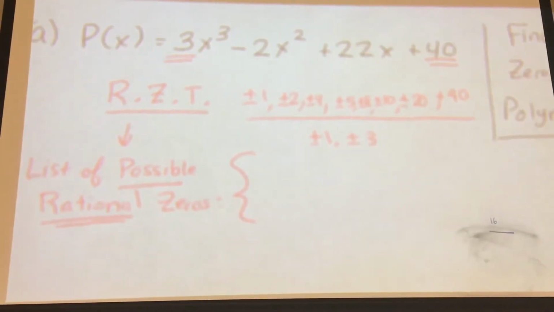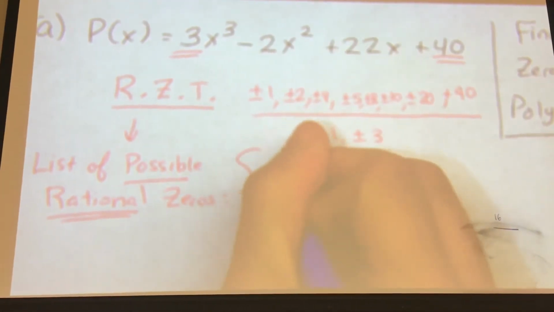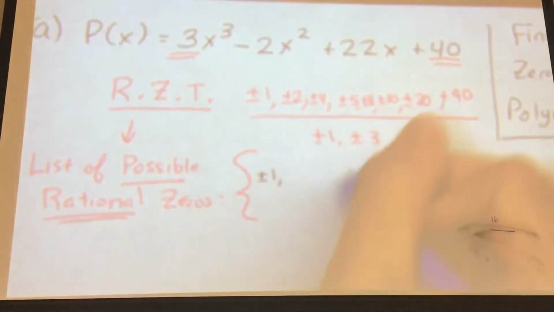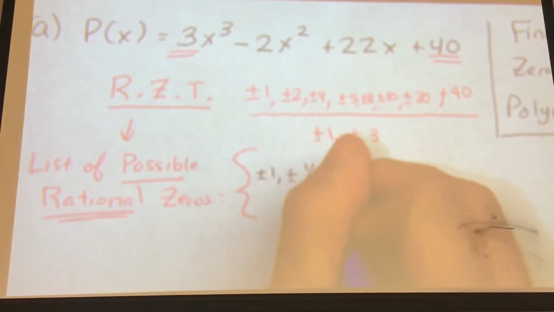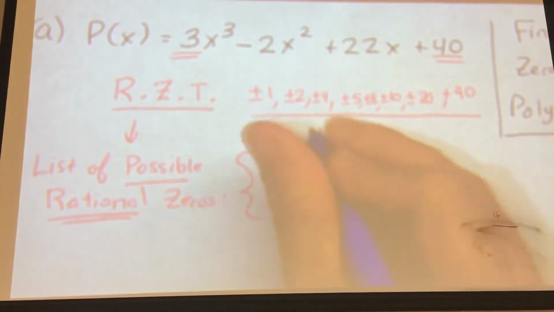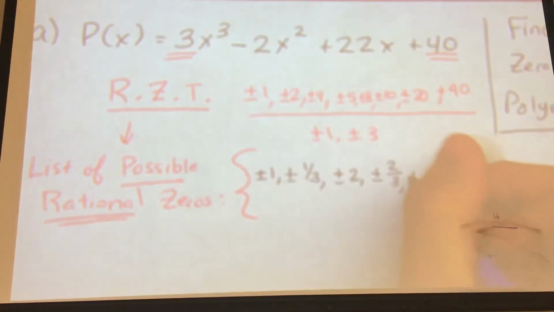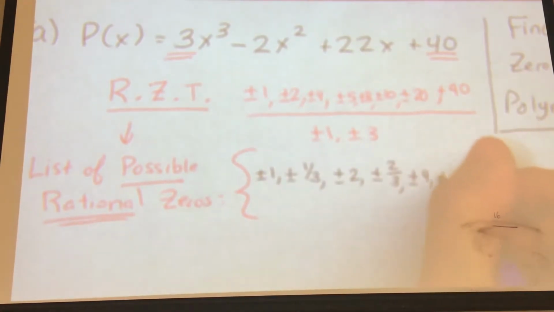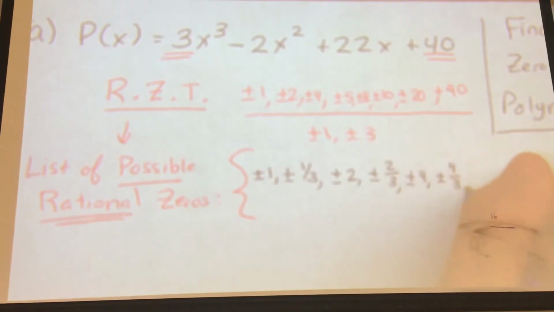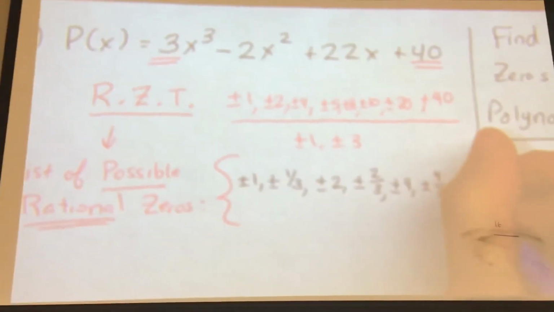And in this set, we would put 1 divided by each of these, so that's plus or minus 1, and then plus or minus 1/3, if you divide 1 by 3. Where you have plus or minus 2, and then plus or minus 2/3. You could have plus or minus 4, and plus or minus 4/3. Plus or minus 5, and plus or minus 5/3.